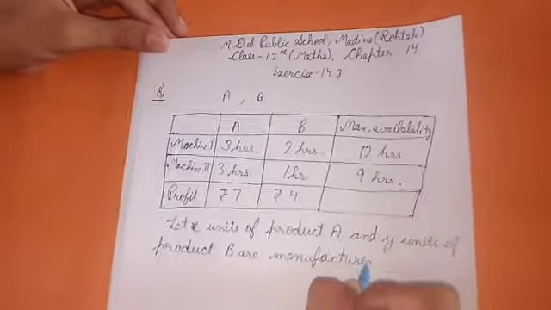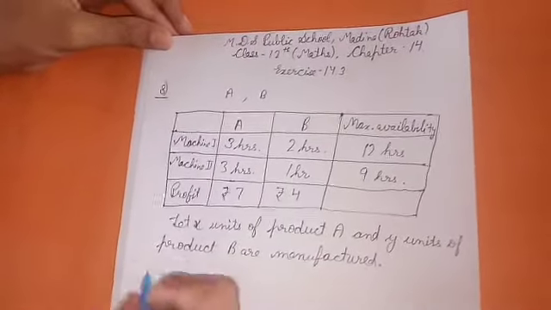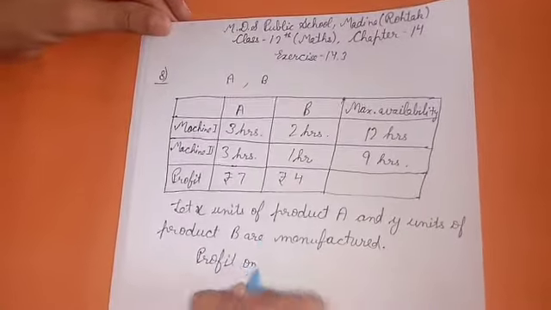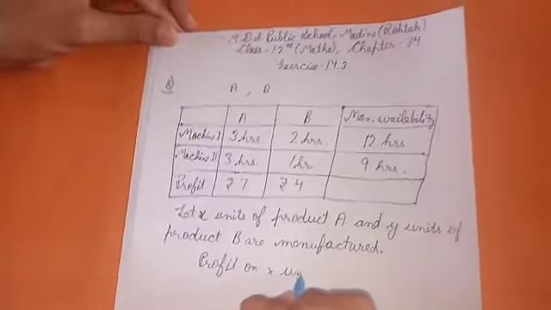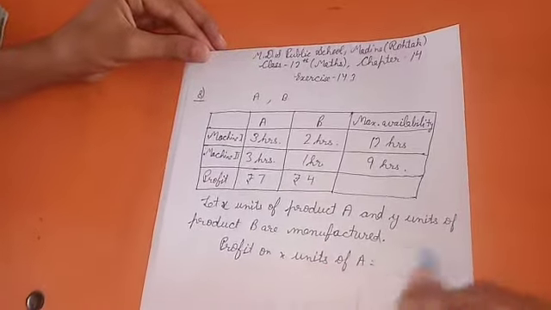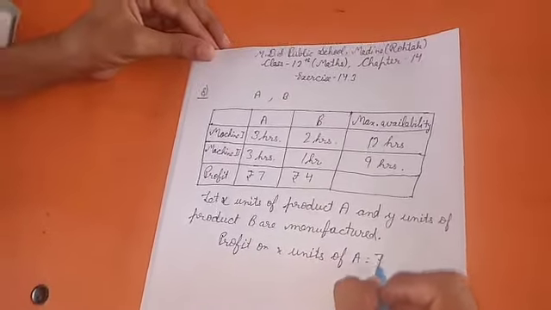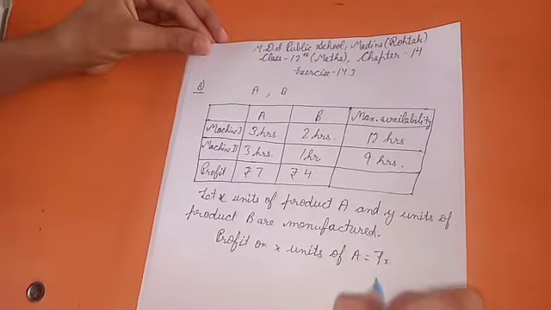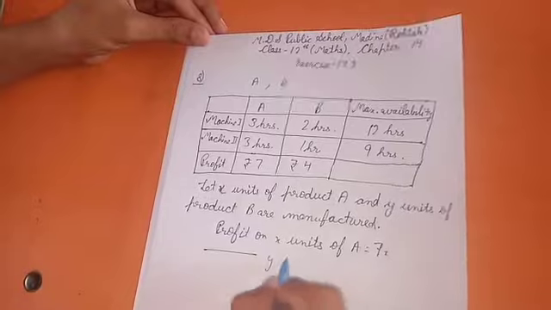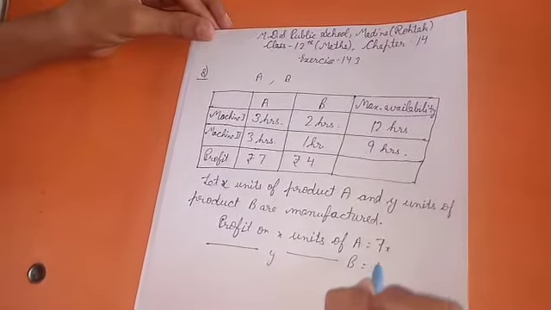So profit on x units of product A will be rupees 7x, and profit on y units of B will be 4y.